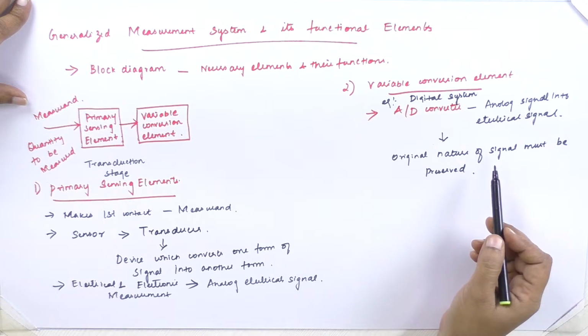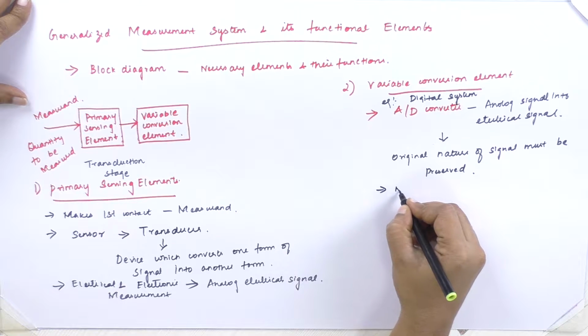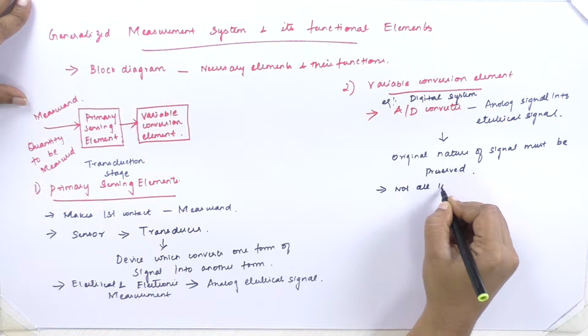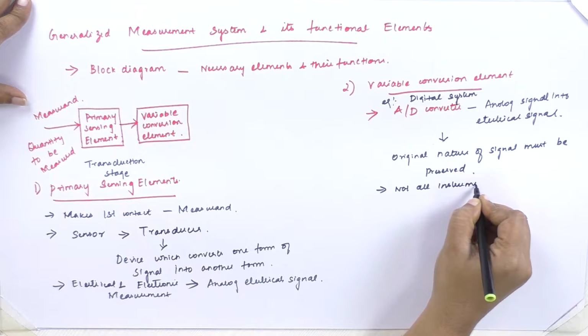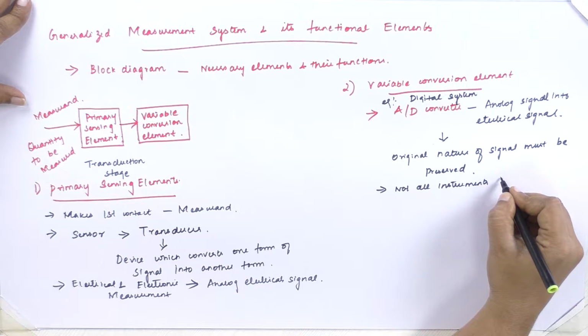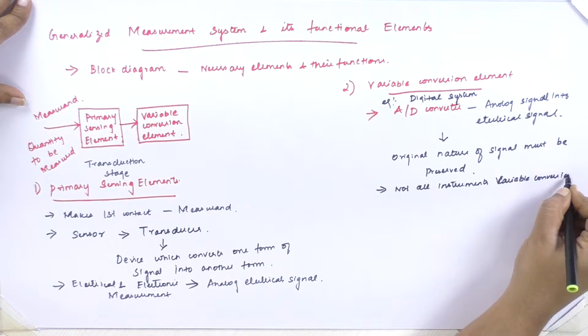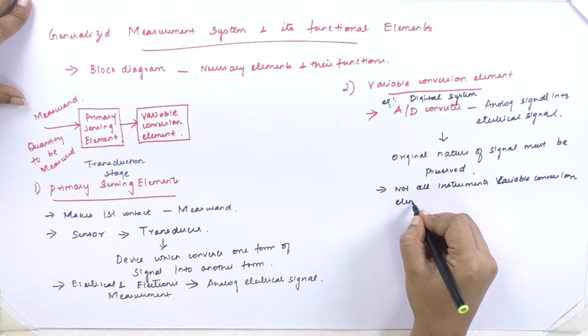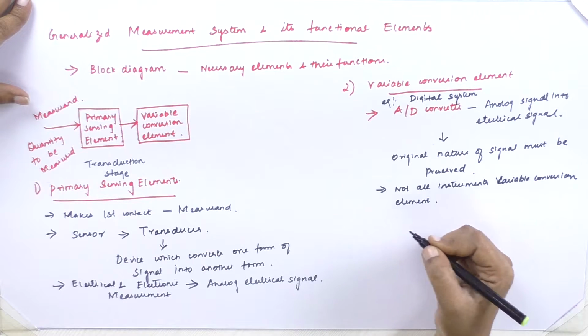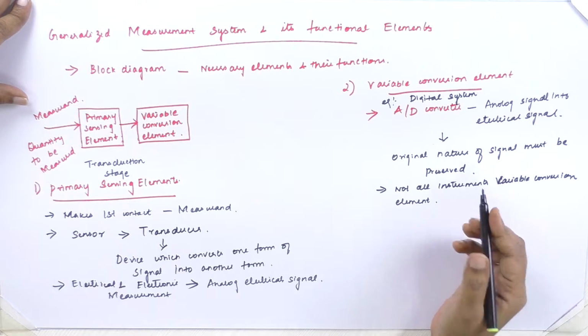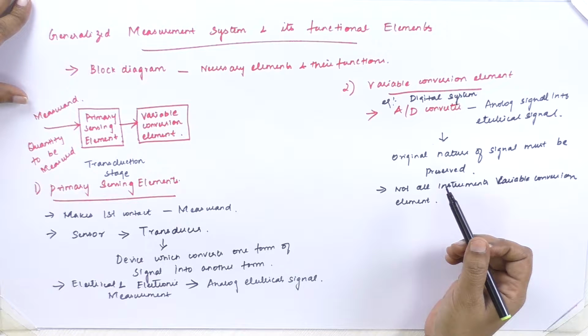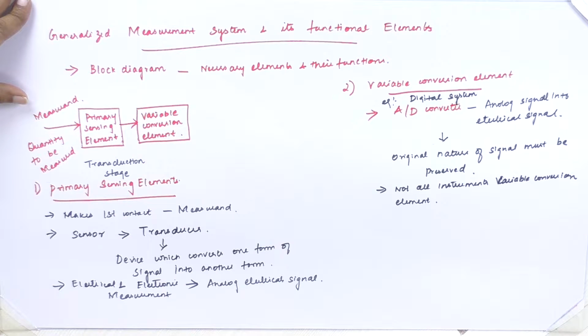So, not all instruments need this variable conversion element. This variable conversion element is not necessary for all the instruments. In case any conversion is needed, we can use this variable conversion element.